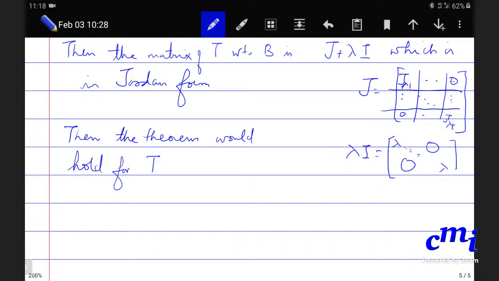So that helps us break it down to some smaller dimensional vector spaces. So this is the reason.